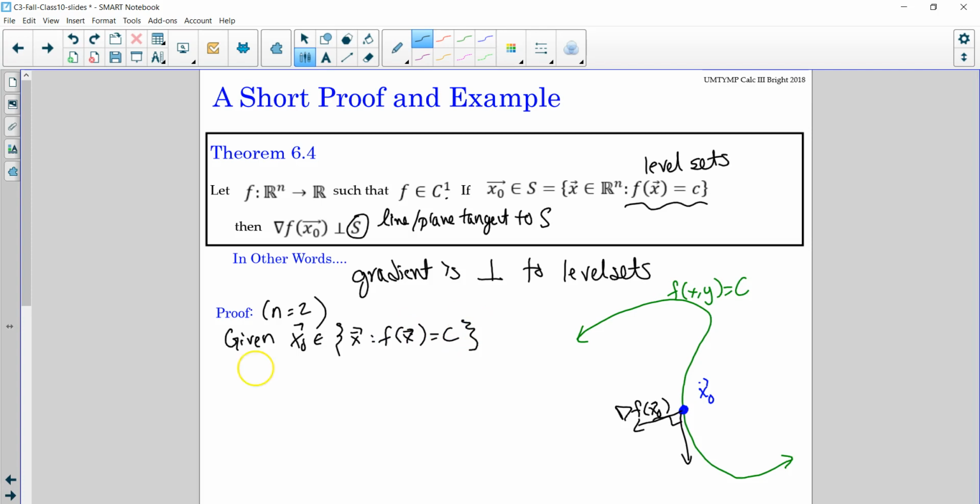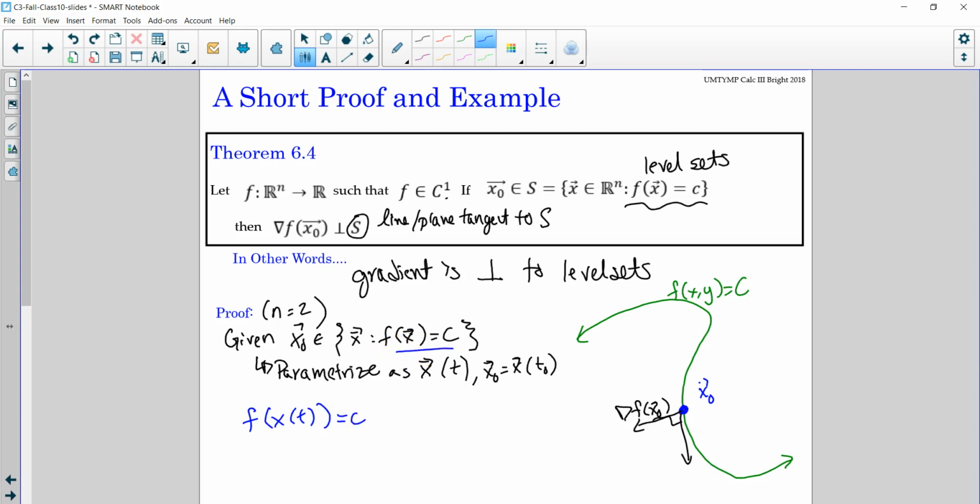And then with this we're going to parameterize as x of t, and consequently we would say that x naught is x of t naught. And then by definition we have that f of x of t is equal to c, and that's just our level set definition.